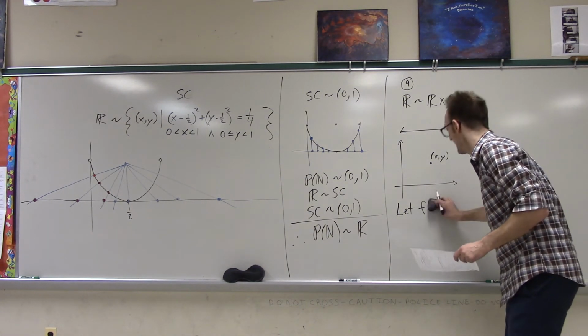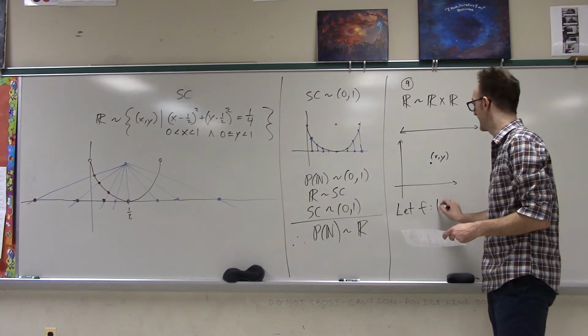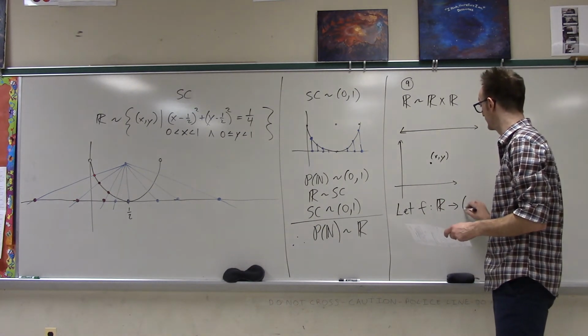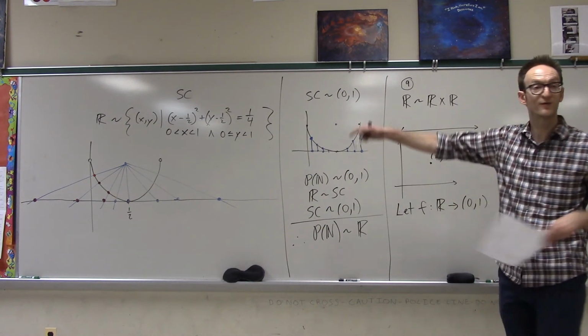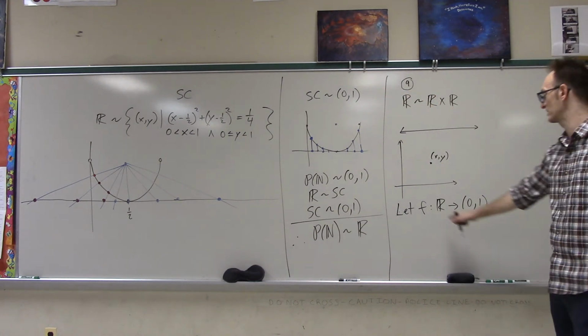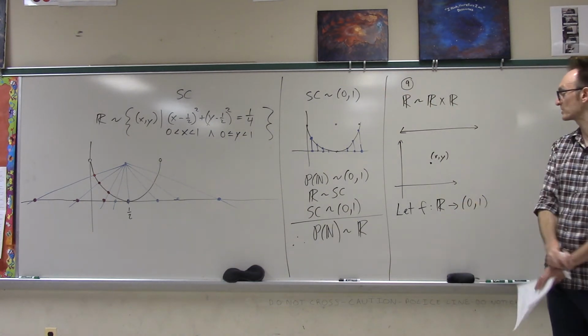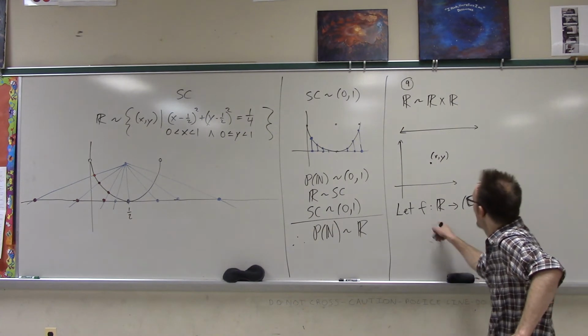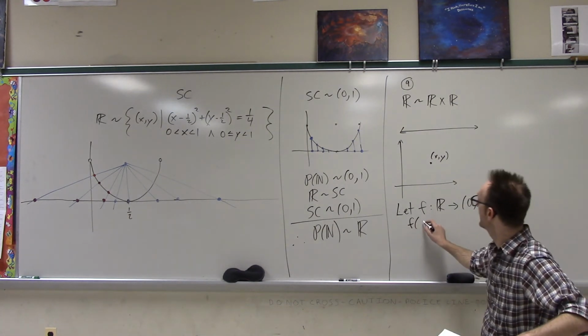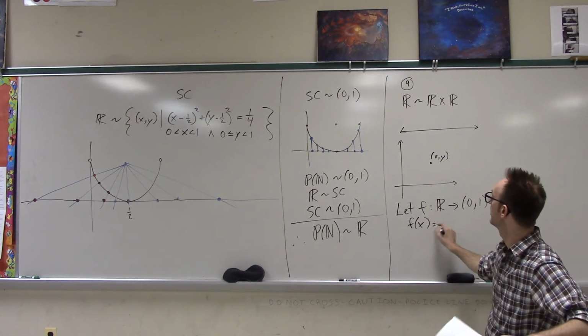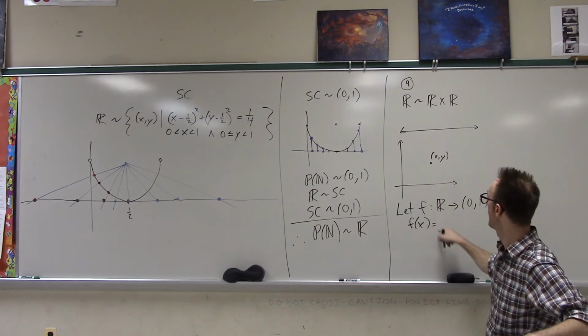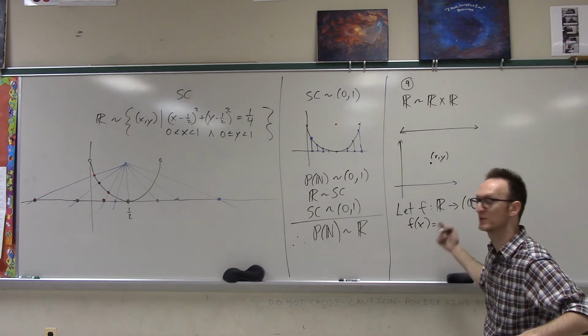So let f be a function which takes you from real numbers to the interval 0, 1. Okay, we've seen already that that's not so hard to do because the real numbers in the interval from 0 to 1 are equinumerous with the real numbers. Okay, well if that's the case, then what happens when I plug x into f? Well, I'm going to get some real number between 0 and 1.